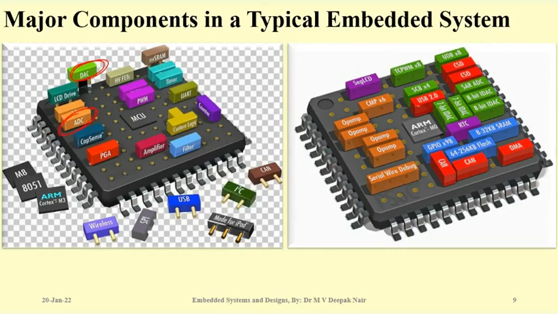These are all peripherals: amplifiers, filters, custom logics, that means vendor dependent logics. Apart from the microcontroller in the center, you can have so many different peripherals: timers, UART for communication, counters.